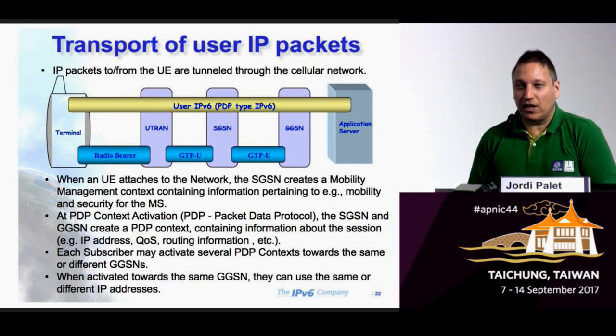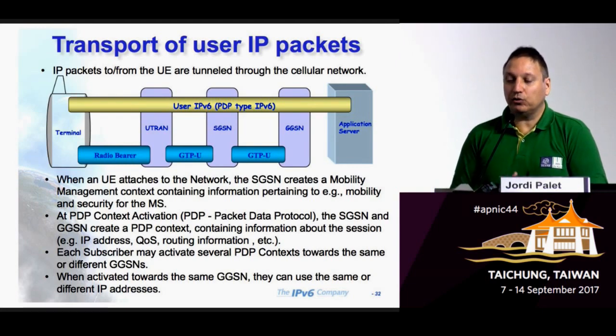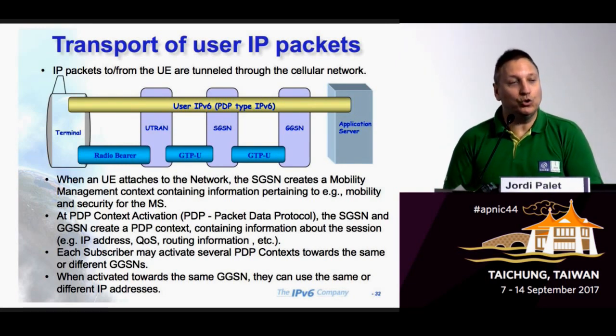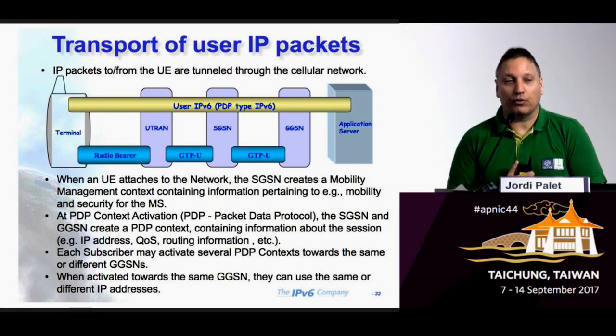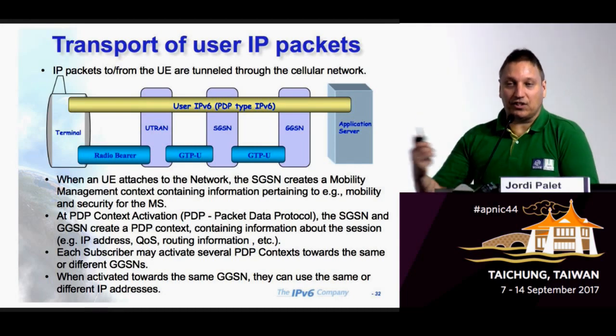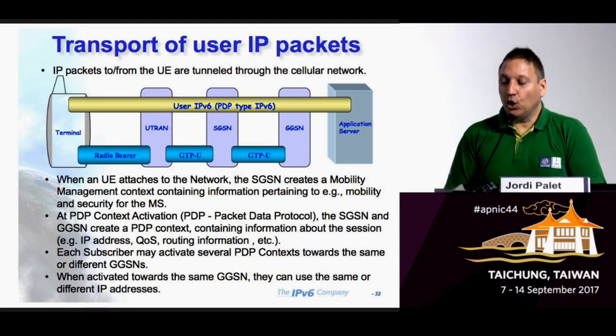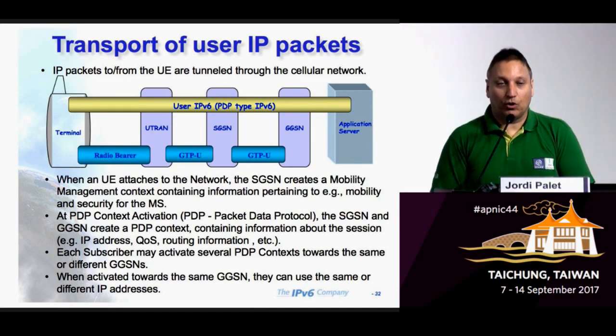The other important aspect is that in order to transport the user IP packets across the cellular network from the user equipment, from the terminal to the destination, we need to establish what we call the packet data protocol context.